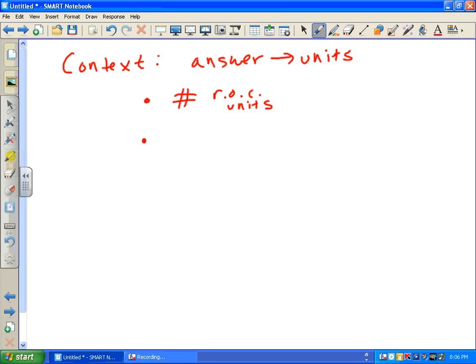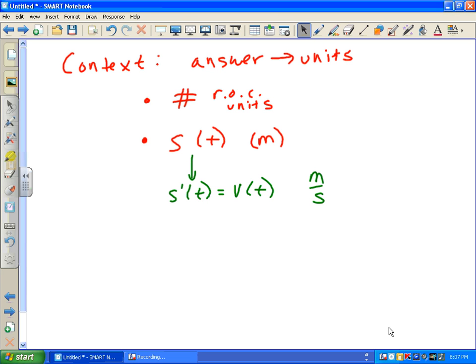One of the most common problem types that we saw was the position, velocity, acceleration problem. If you are given a position in meters, and then asked to find the derivative of position, which is velocity, your unit would then be meters per second, typically, if we're working in meters and seconds.